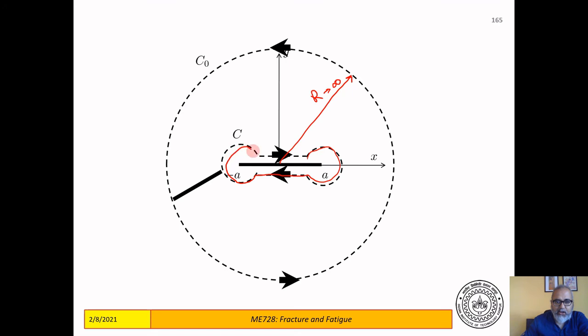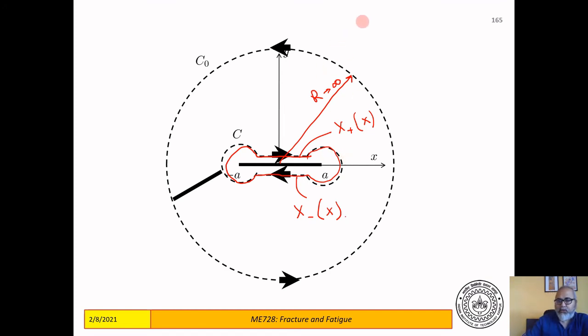Here again there's a small circle whose radius goes to 0. Go along the crack from minus a to a. So here your xz has values x plus, and here your xz has values x minus. Okay, so these are the values of x plus and x minus.